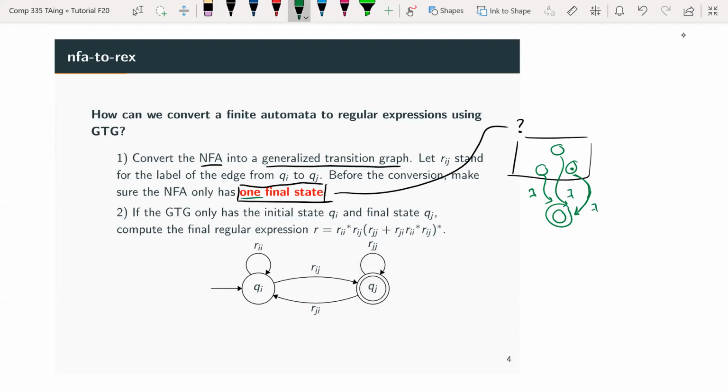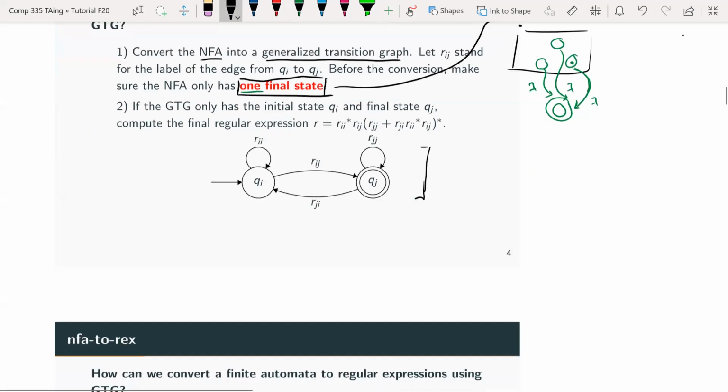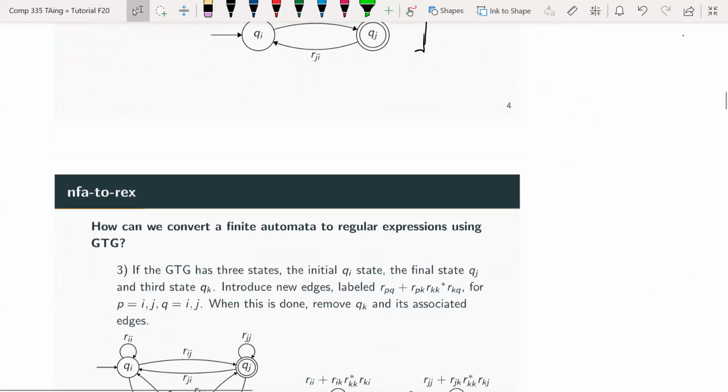Okay, so the idea is you're going to try to get to a general transition graph that looks like this. To do that, I'm going to show you a very busy slide, but don't get scared.